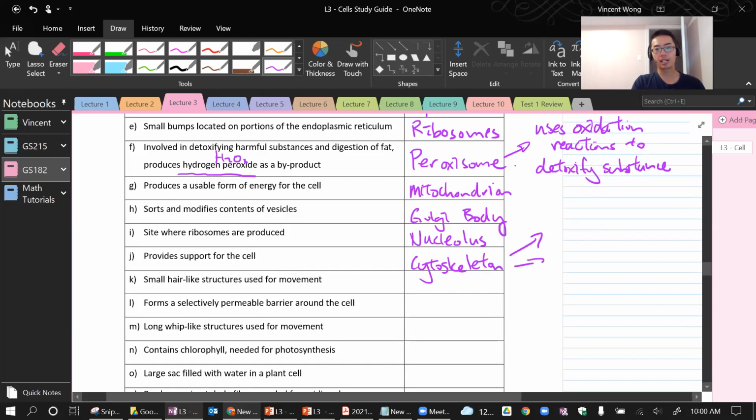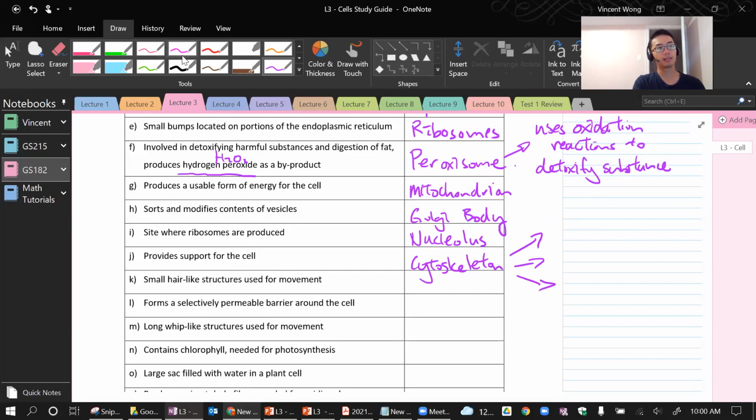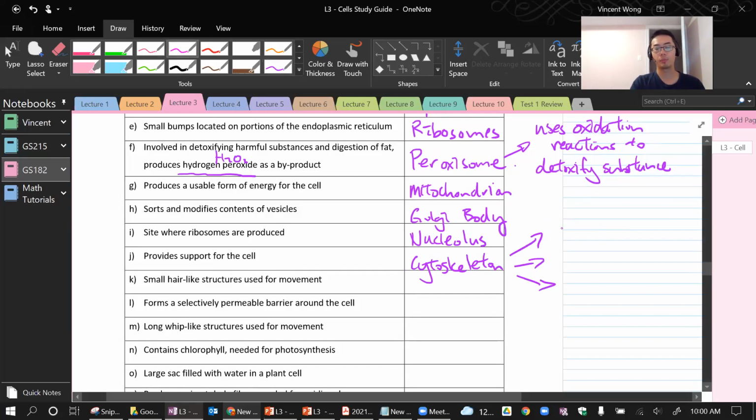There are three types of cytoskeleton, and I talked about it in the lecture, but very briefly, there is the microfilament, the intermediate filament, and the microtubule.